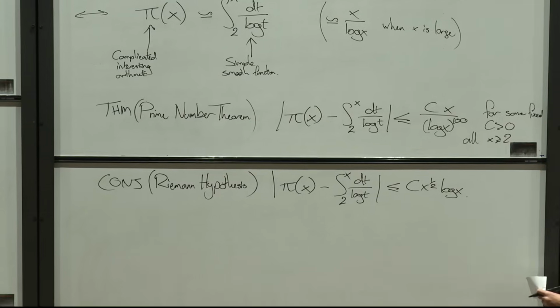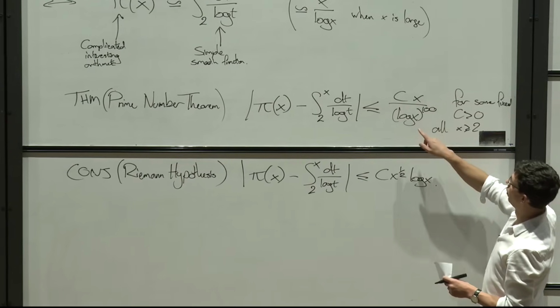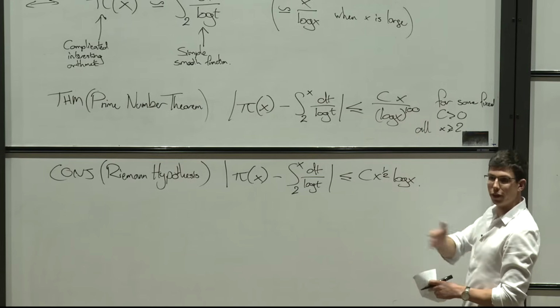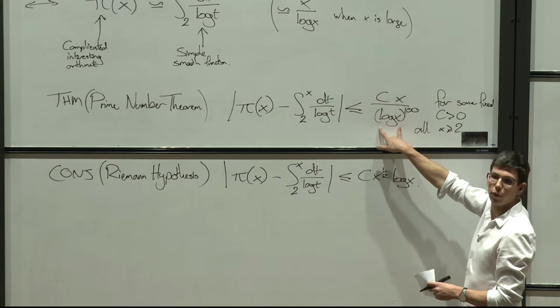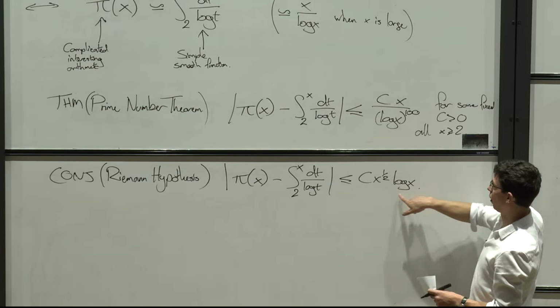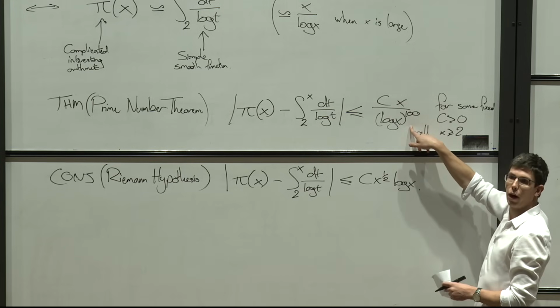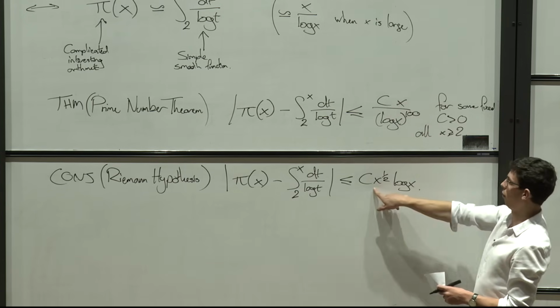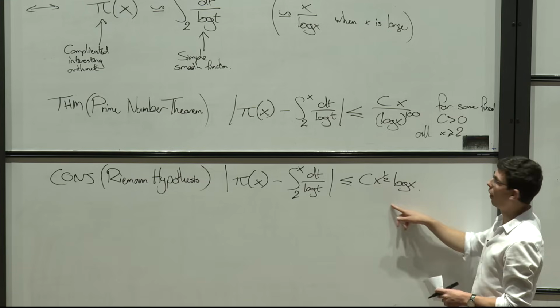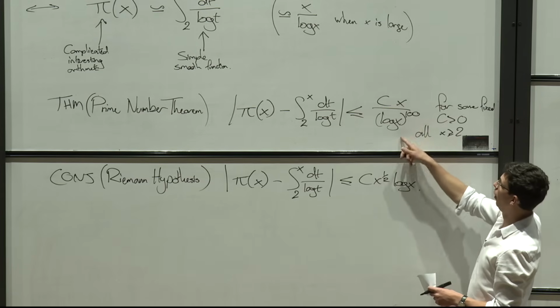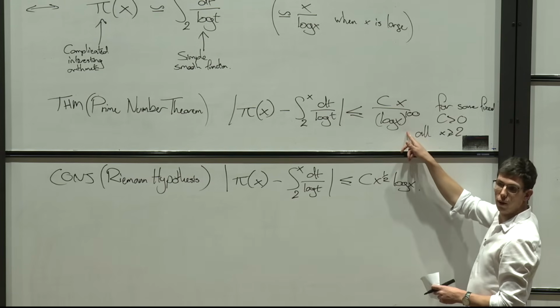And when x is very large, log x is roughly the number of digits of x, so log x grows very slowly, and so x to 1/2 times log x is a lot smaller than x divided by log x to the power 100. This is roughly half the number of digits of x, whereas this has a very similar number of digits to x itself.